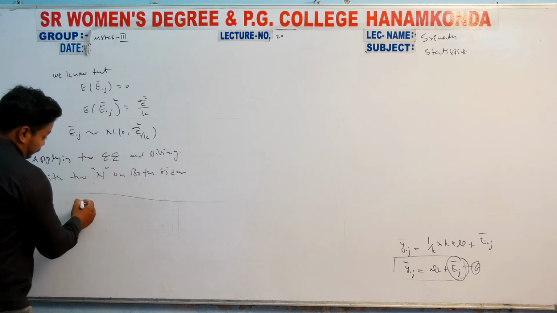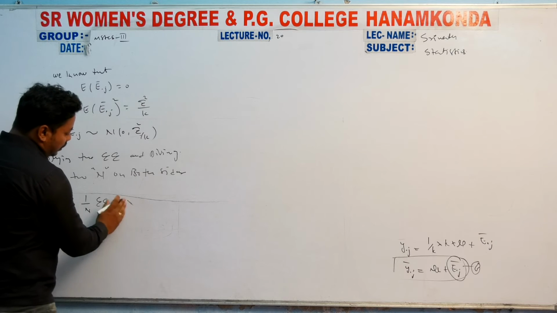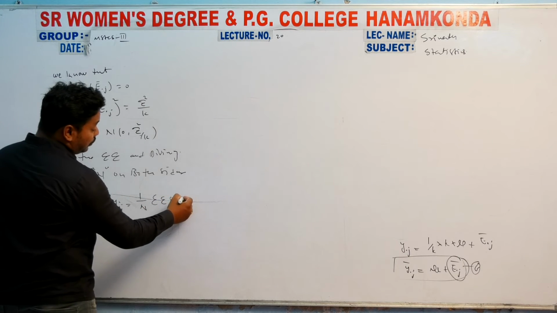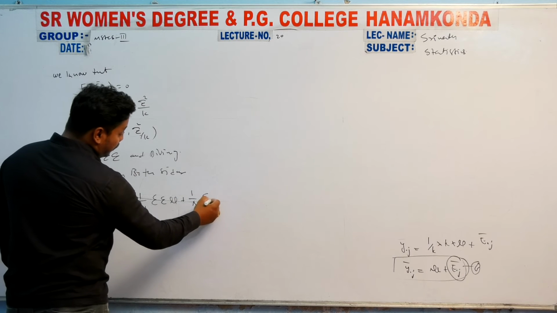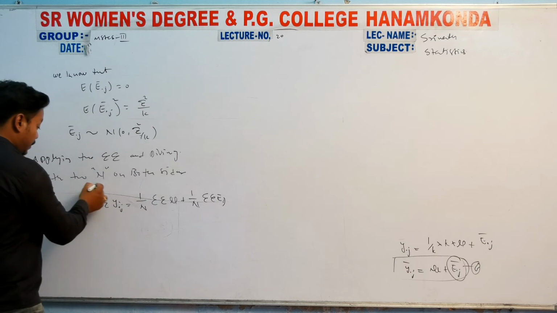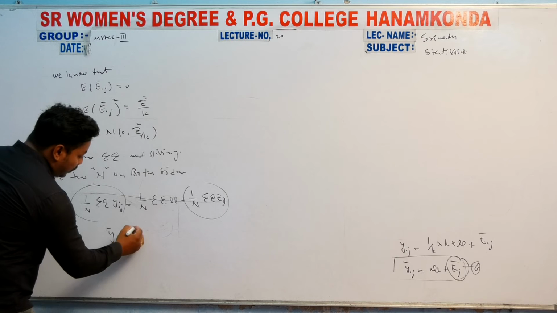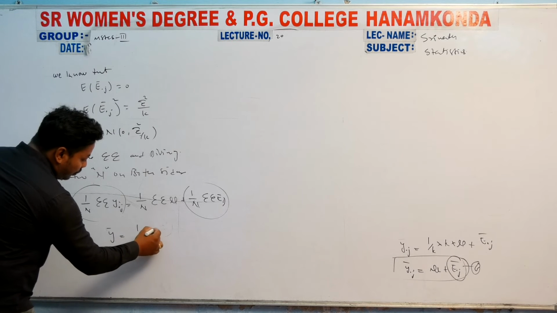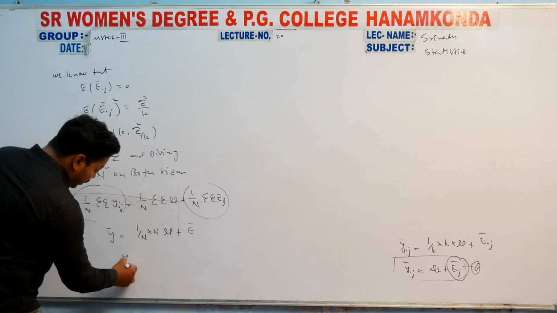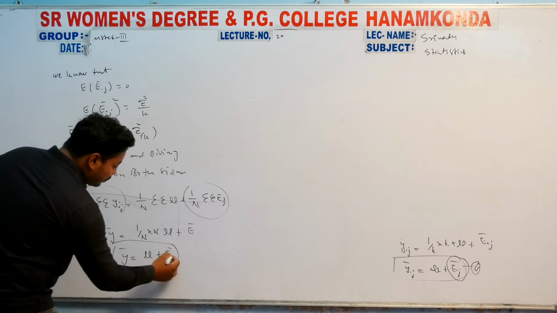So we can write 1 by capital N double summation Yij equal to 1 by capital N double summation mu plus 1 by capital N double summation Eij. These are the formulas. Y bar equal to 1 by N into N mu plus E bar. Finally, y bar equal to mu plus E bar, the equation 4.